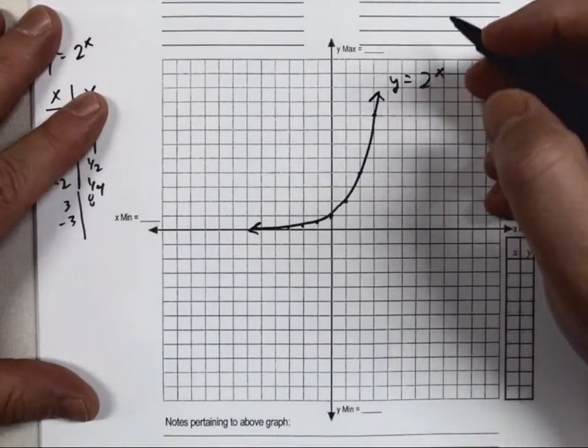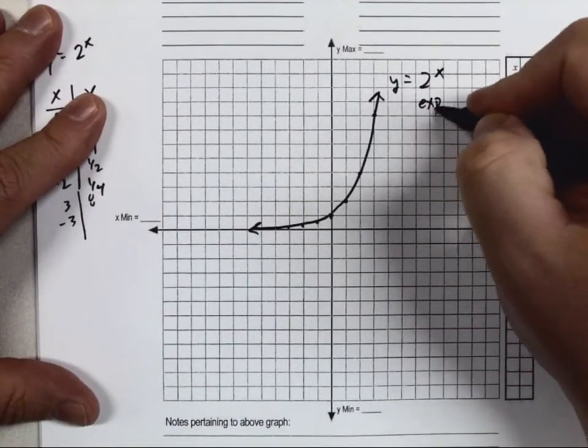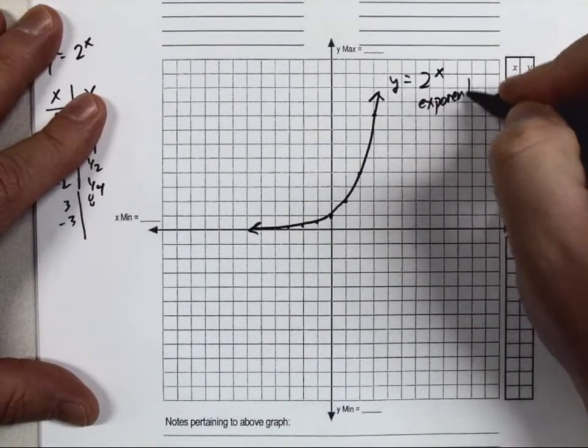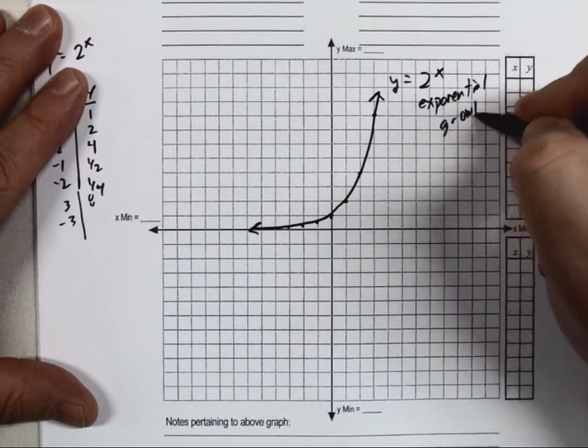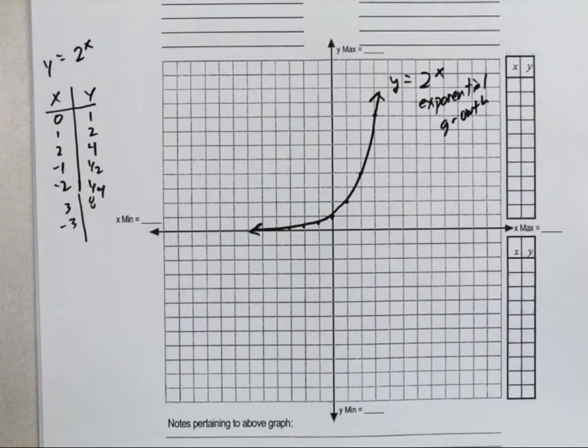And whenever you have this kind of graph or this kind of equation, we call it exponential growth. And that's probably a word you've heard used before. When you're told something's growing exponentially, you know what that means? It's growing really fast, really quick.